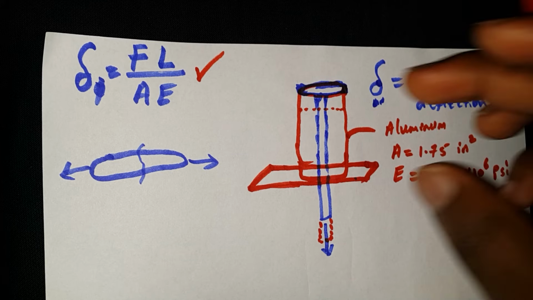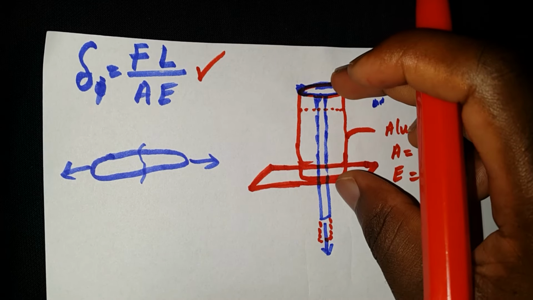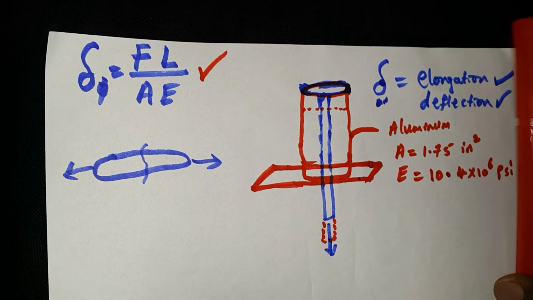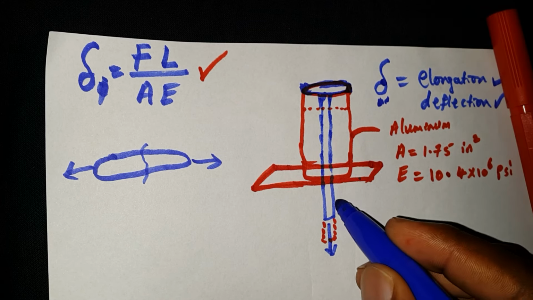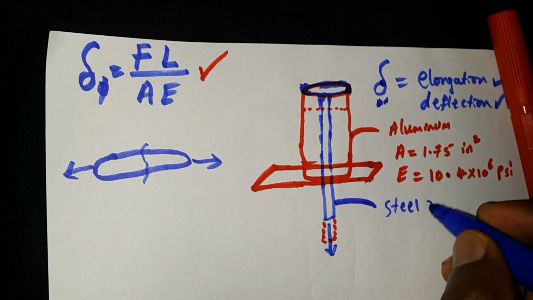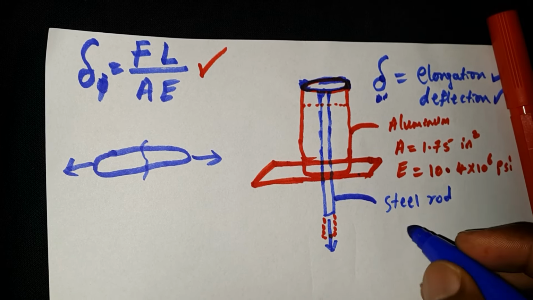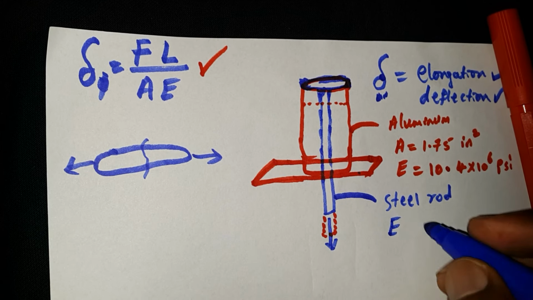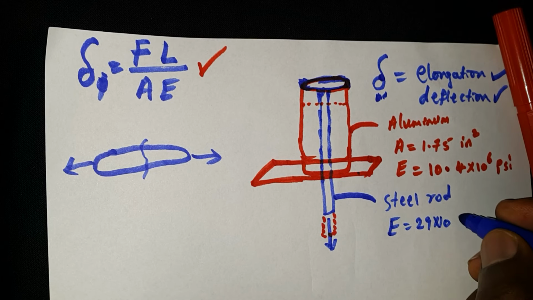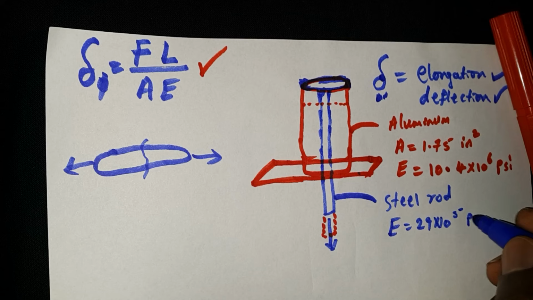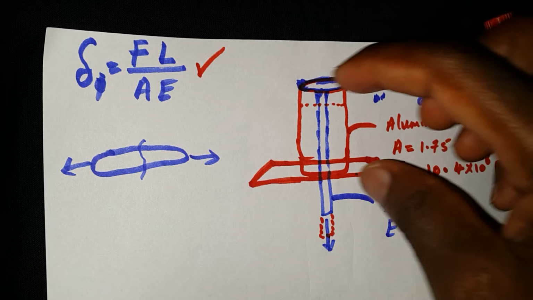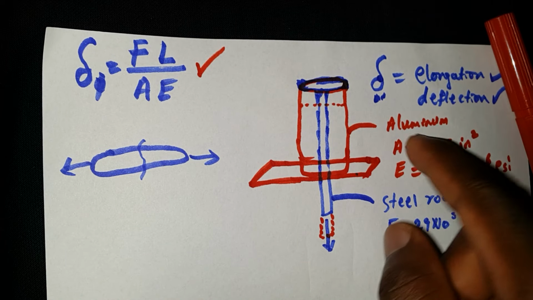Now we call this cylindrical member aluminium. Let's call this rod a steel rod, and let's use a Young modulus of 29 times 10 to the 6 psi. So we have this cylinder, which we are told is aluminium.